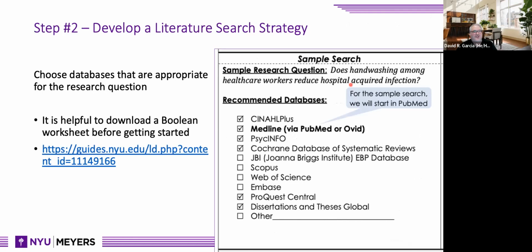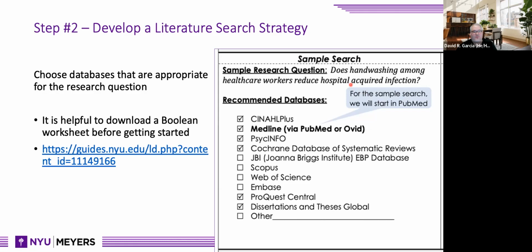So for step 2, you want to develop your literature search strategy. So you'll choose your databases that are appropriate for your research question. And I have the link here. So it's helpful if you download this Boolean worksheet from the library. And this is right from the library's website. So maybe you already went over this with the librarian, but sometimes you have to see things more than once.